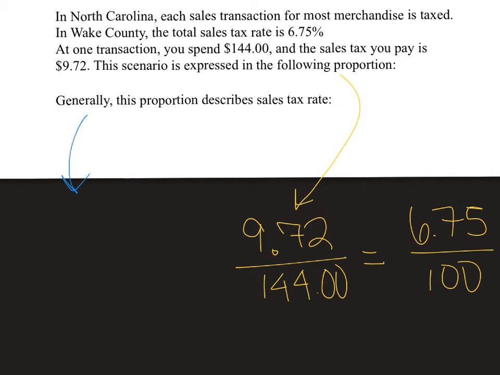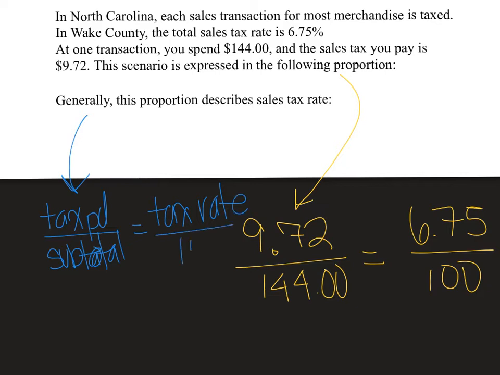So generally, this would be your tax paid over your subtotal equals your tax rate over 100. Okay, so tax paid over subtotal equals tax rate over 100.